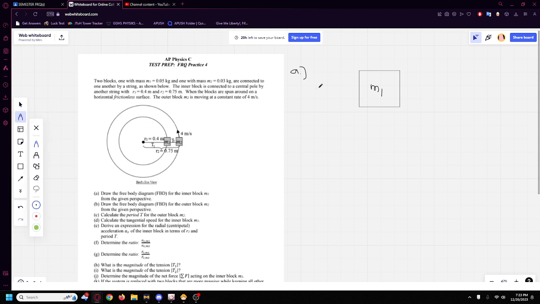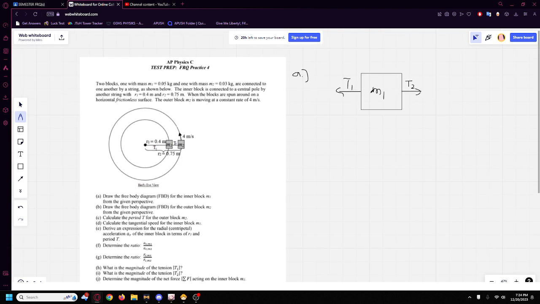Tension 1 is pulling it to the left, and tension 2 is pulling it to the right. And then there's also an Fn and Fg.